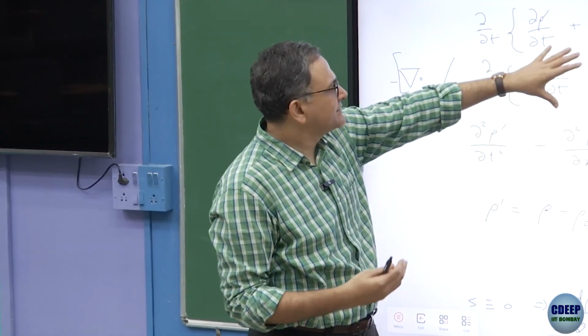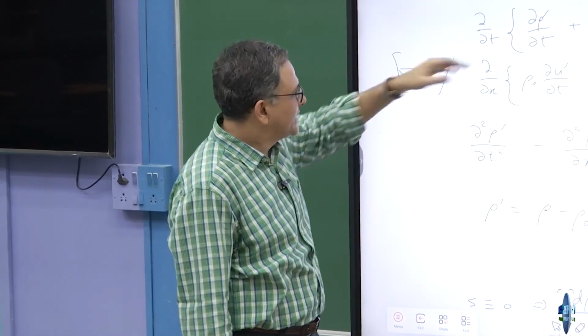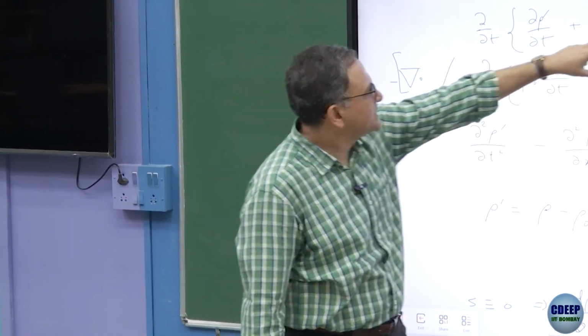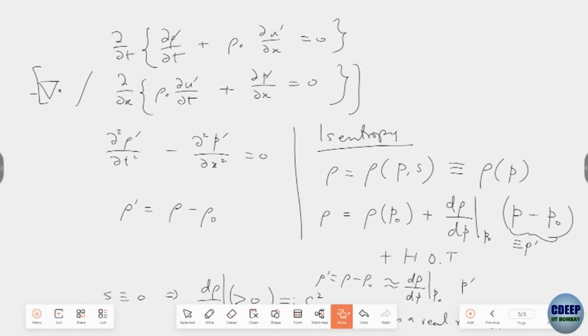So in that endeavor to come up with an analytical result, we are making it simpler and simpler. To get rid of the velocity fluctuations from these two equations, we took del t of the first equation, so that there is a del 2 u prime del x del t, and here also the same quantity, so that we can subtract and get rid of u prime. So we ended up with this.